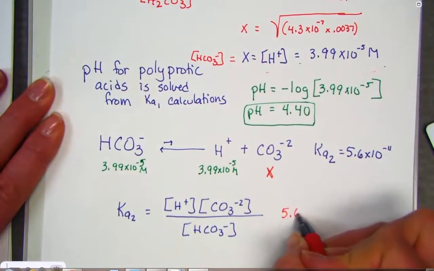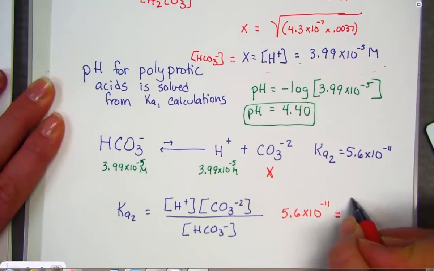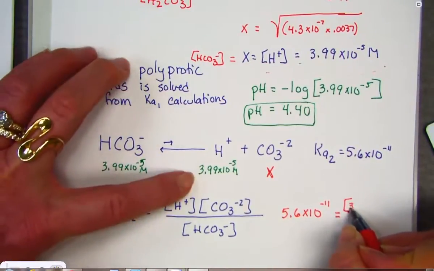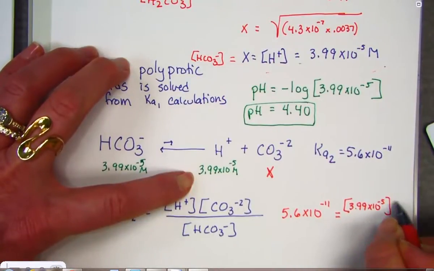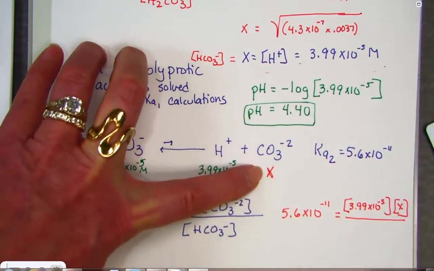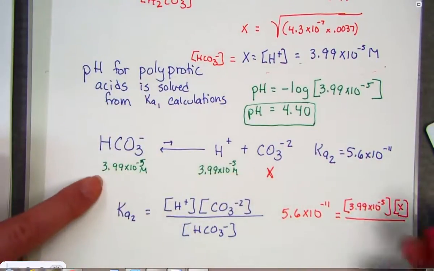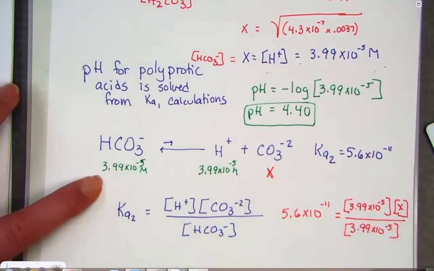Ka2 was 5.6 times 10 to the negative 11th. The molar concentration of hydrogen, 3.99 times 10 to the negative 5th. We're looking for carbonate set over the molar concentration of the bicarbonate. And look what's happened to the math here.